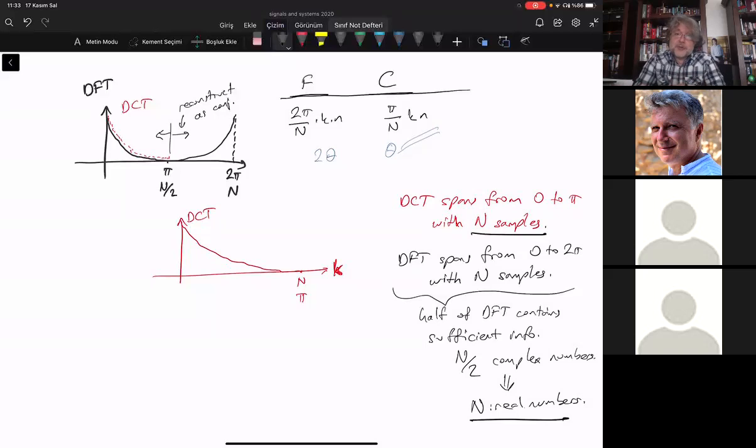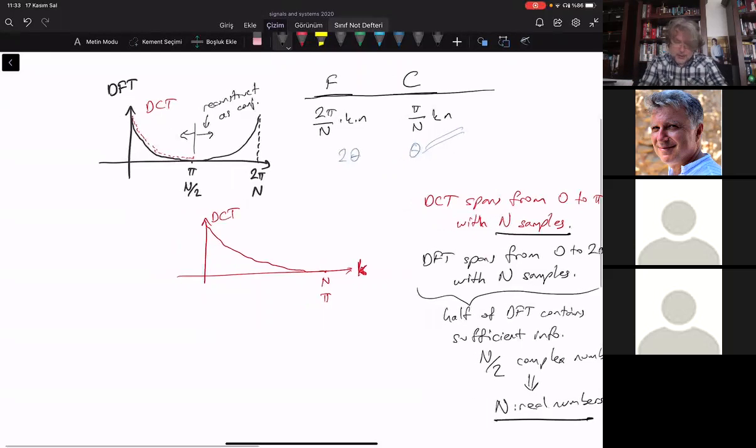So both of them could be used for compression. But why would you bother with the conjugation, reconstruction business and all that? We have the discrete cosine transform. It's there, and it corresponds to the same information. So that's why people just use discrete cosine transform. And not only that, DCT also has a fast implementation, just like the discrete Fourier transform. There's fast DCT that we can talk about.